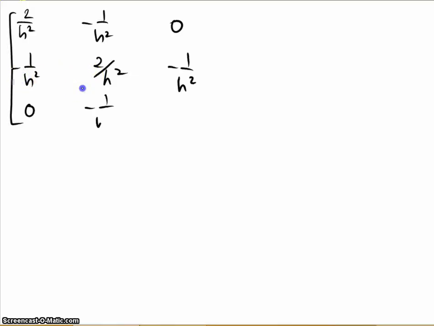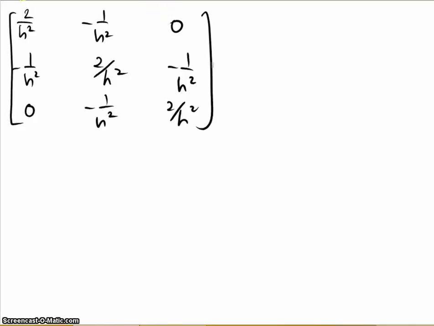So you have 2/h², -1/h², 0, and then for the second row you have -1/h², 2/h², -1/h², and likewise you have 0, -1/h² and 2/h².